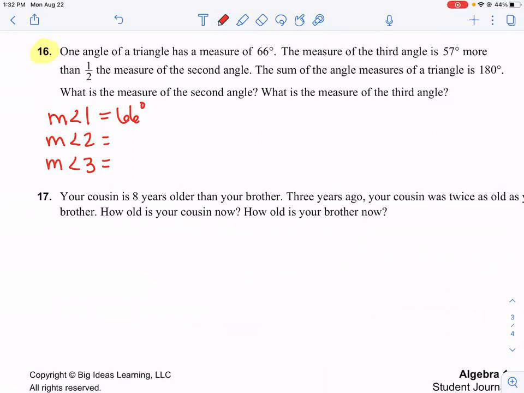Okay, do we know the measure of angle 1? Yeah. It's 66 degrees. Do we know the measure of angle 2? No, I'm gonna call it X.